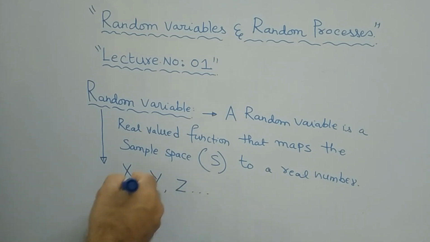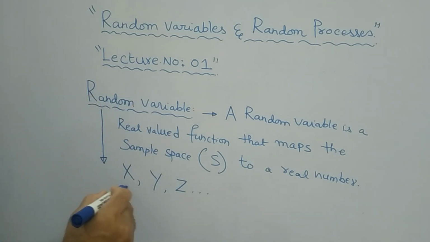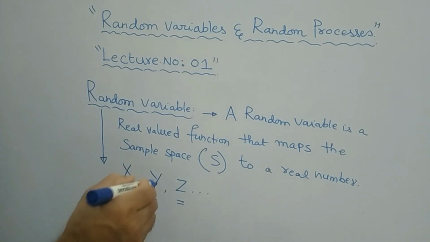You can take any letter to represent a random variable, but remember that a random variable must be denoted with a capital letter like capital X, capital Y, and capital Z. So this is the representation of a random variable, right?